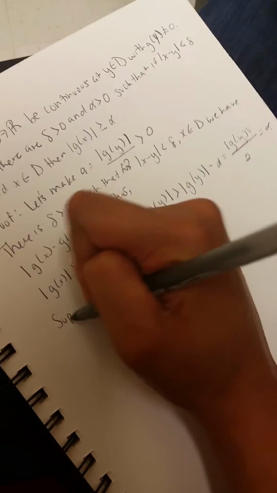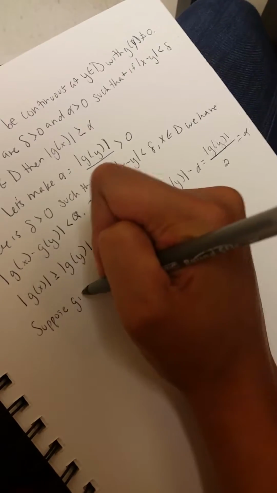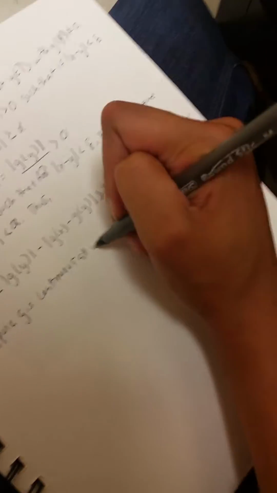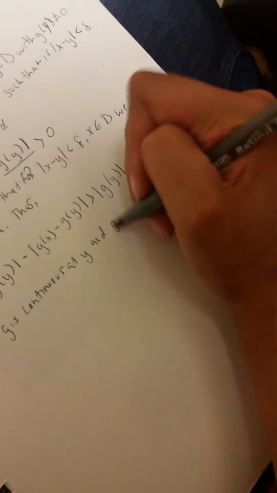Now, suppose g is continuous at y and g of y does not equal 0.